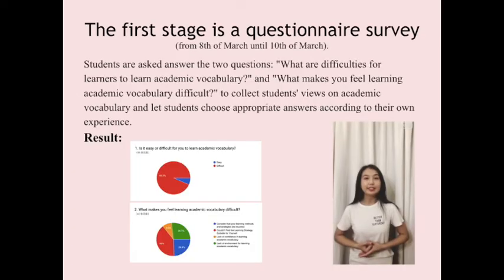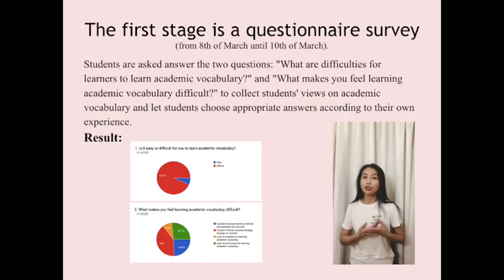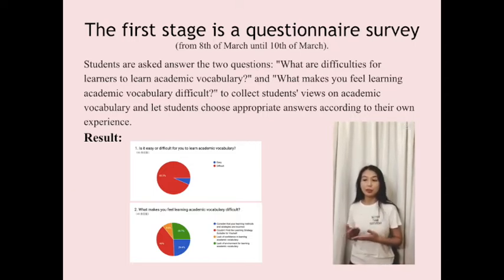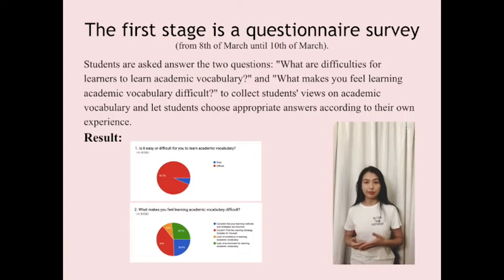The first stage is the questionnaire survey. Students are asked to answer questions like, is academic vocabulary difficult for learners to learn, and what makes you feel learning academic vocabulary is difficult? And then students are asked to choose the appropriate answer according to their own life experience.